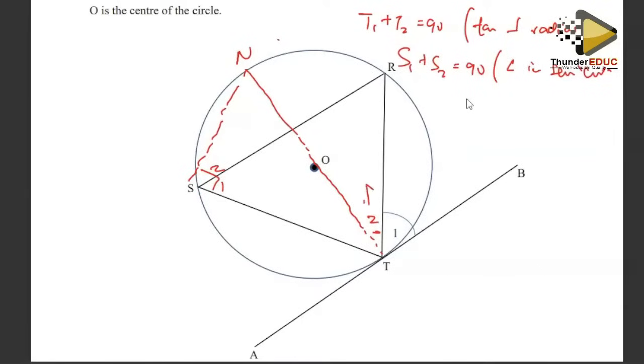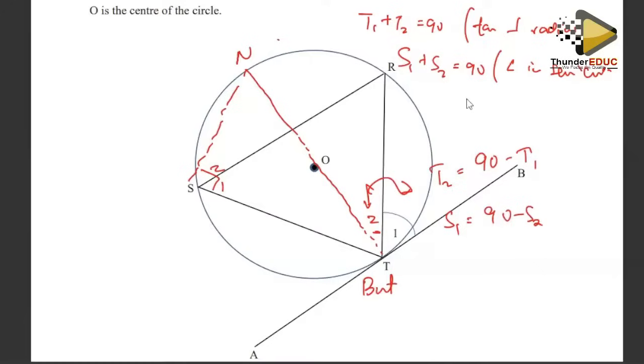So if that is true, meaning that S1 is going to be the same as T1. How is that possible? Because that's a 90 and 90, meaning that our T2 is going to be 90 minus T1. Okay, and then when you look at S1, it's going to be 90 minus S2.